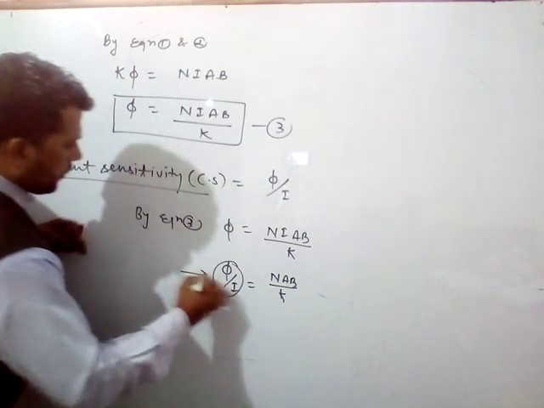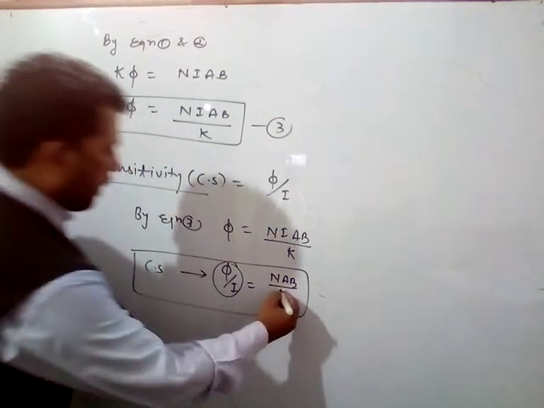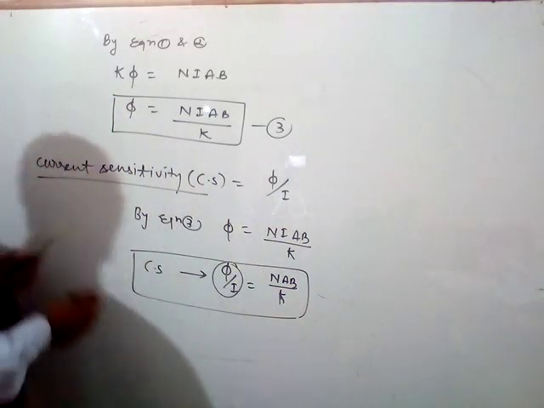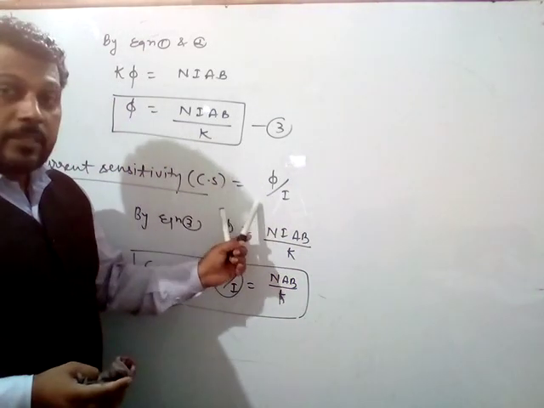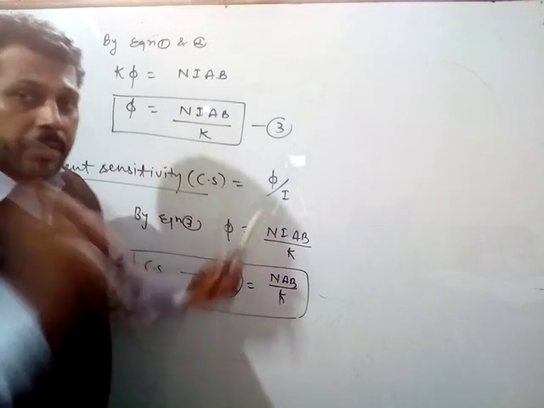So current sensitivity equals NAB upon k, the deflection in the MCG per unit current.